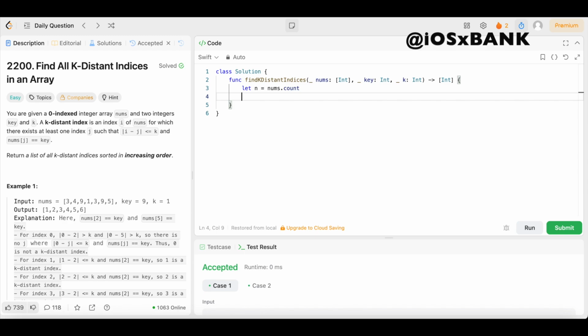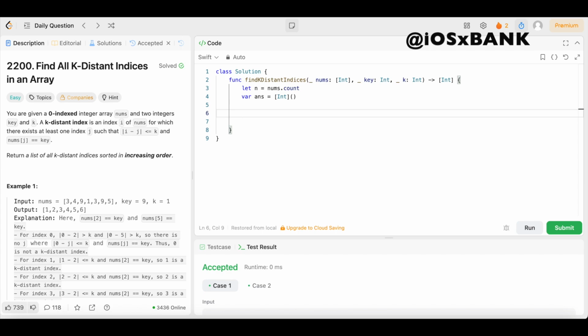Now we need a variable that's going to store our final result and list all of the valid indices. As you can see, our output is an array of integers, so we're going to declare a variable called ans for our answer, equal to an array of integers, with the parentheses like that.